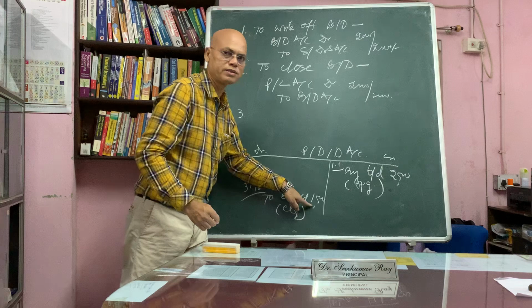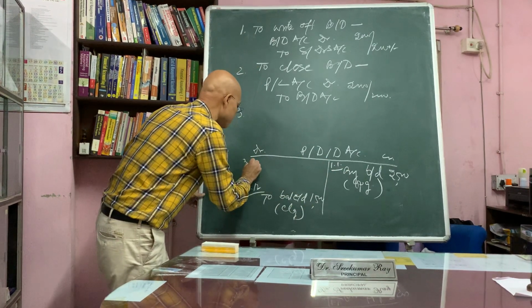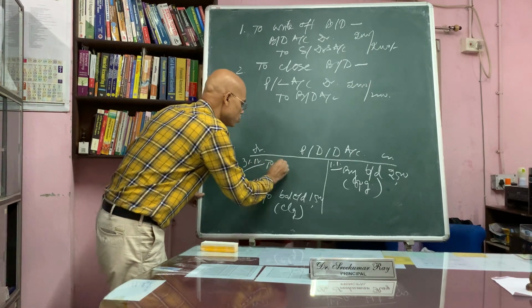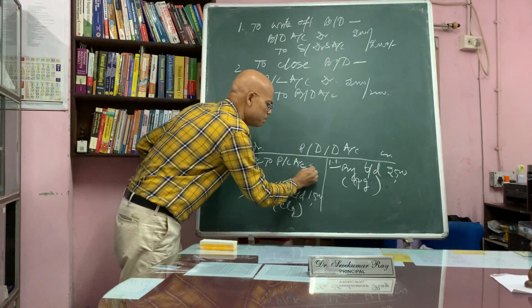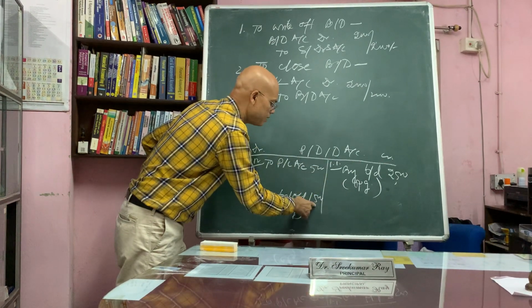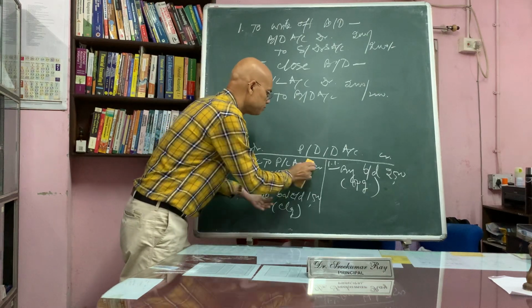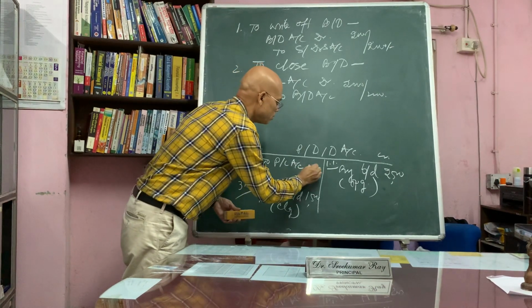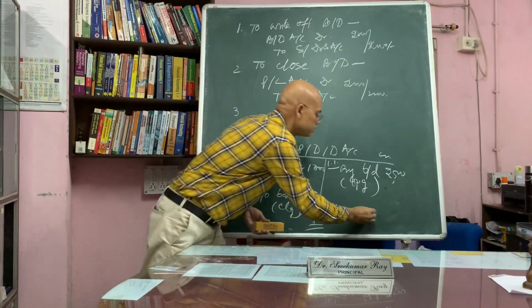The difference will go straight to the PL account. That is, this difference on 31st December will go to the PL account. This is the simplest way. 2500 minus 1500, that is 1000, is the difference.